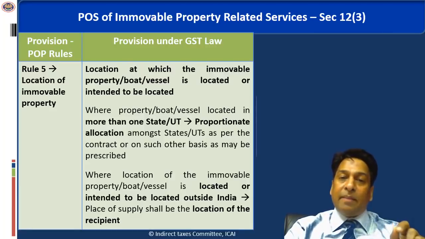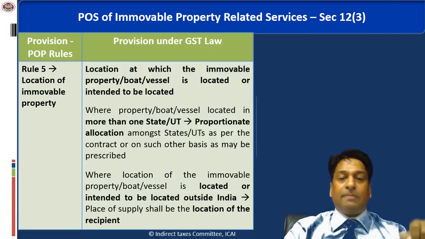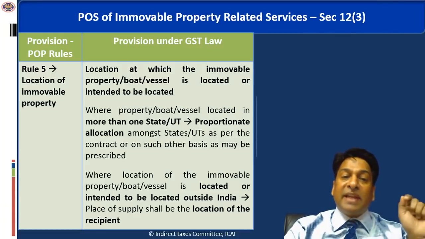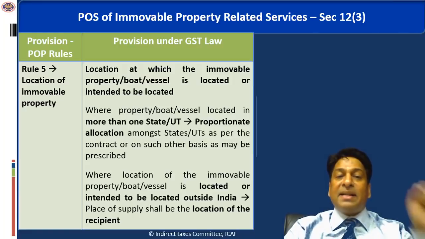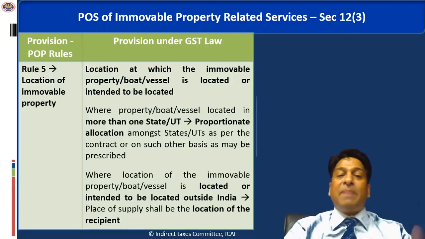Where property, boat or vessel is located in more than one state or union territory, there is proportionate allocation among the states and union territories as per the contract or on such other basis as may be prescribed.